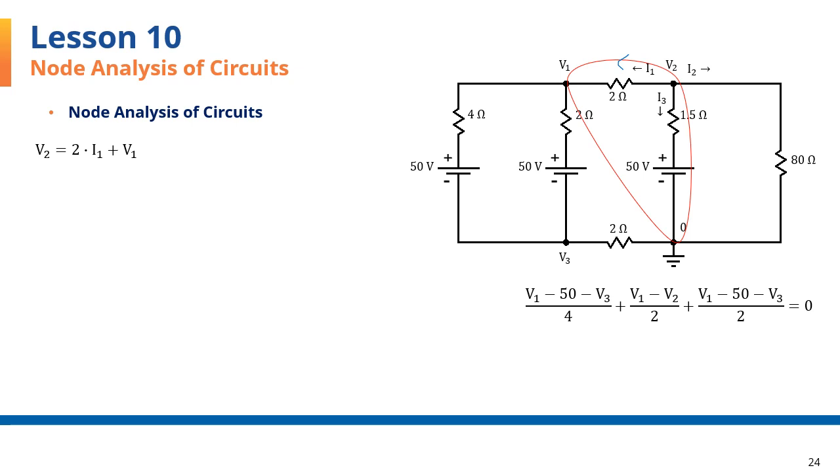Again, the voltage rises go on the left side of the equality and the voltage drops on the right. The first voltage I come across is a voltage rise of V2, which goes on the left. The next voltage is 2 times I1, and that's a voltage drop, so that one goes on the right hand side.